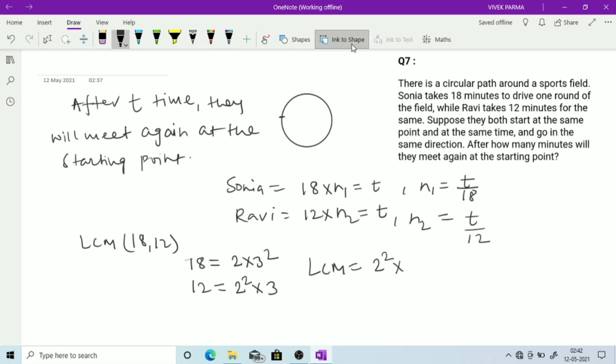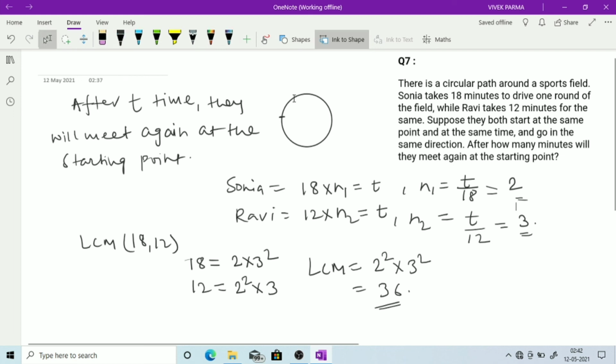And the highest power of 3 is 3 square. That is 4 into 9, 36. Right. So after 36 minutes, they will meet again at the starting point, right? So Sonia will take 2 rounds, right? And Ravi will take 3 rounds, right? So see you in the next session. Thank you.